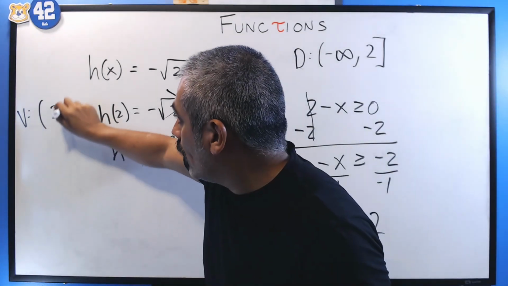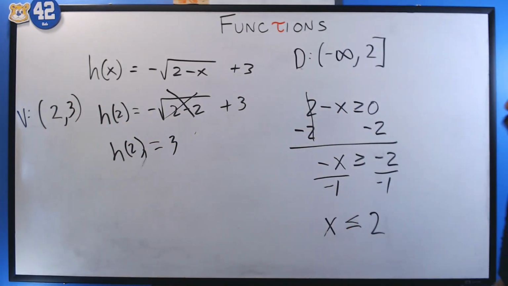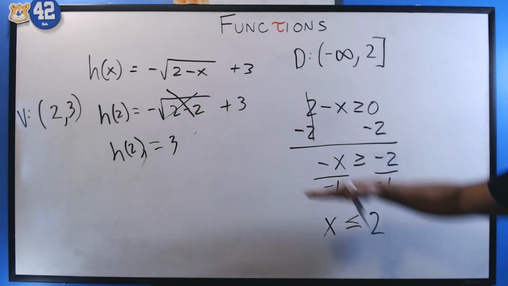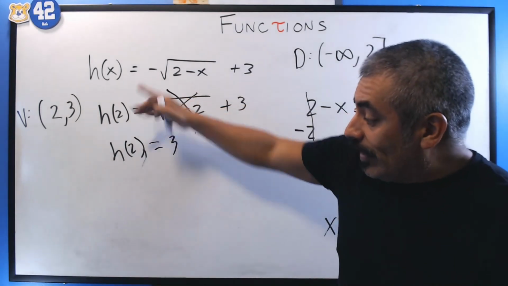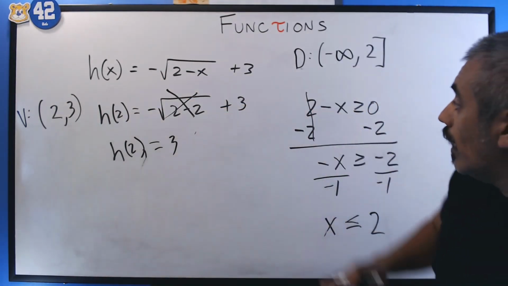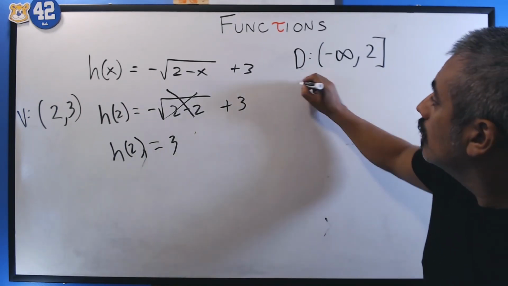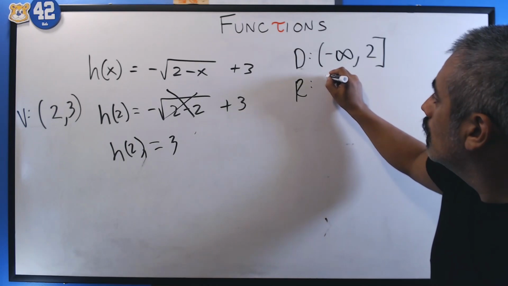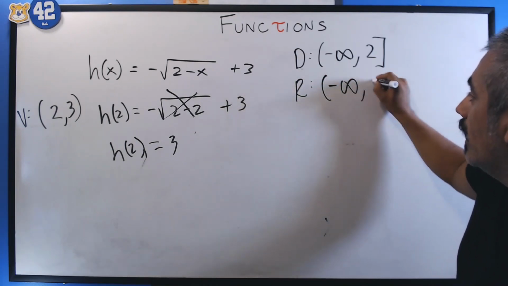So now we know that our vertex, or that weird starting point for the square root function, is going to be at 3 on the y value. And since it's a negative, we know it starts at the bottom and it stops at 3. So we're going to say that our range is negative infinity and stops at 3.